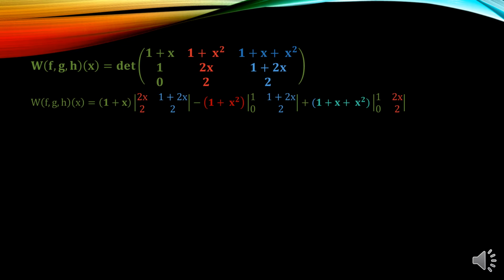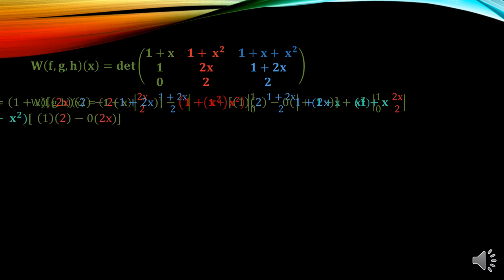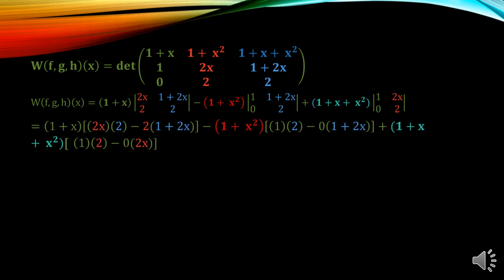You realize that I'm forming here determinants of 2 by 2 matrices, which are easier to get because I remain with 1 plus x. Then I get a determinant of a 2 by 2, and you look at the major diagonal.